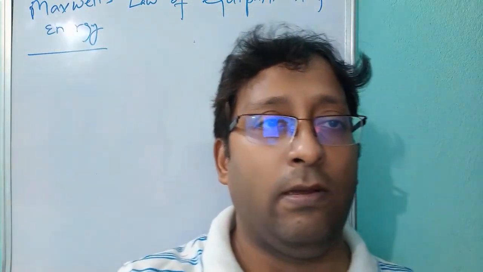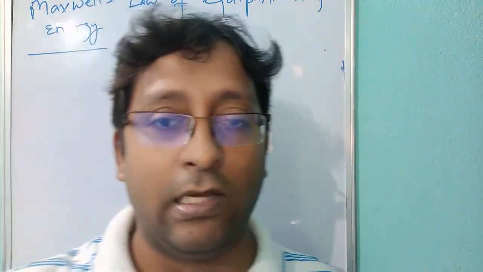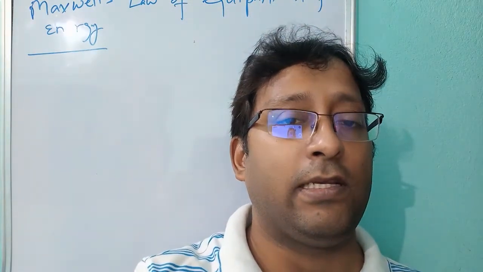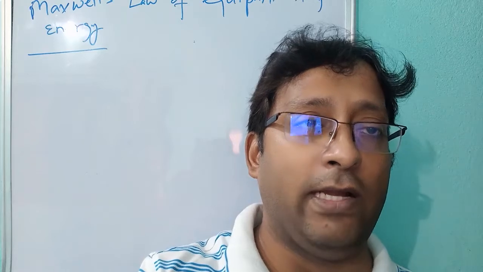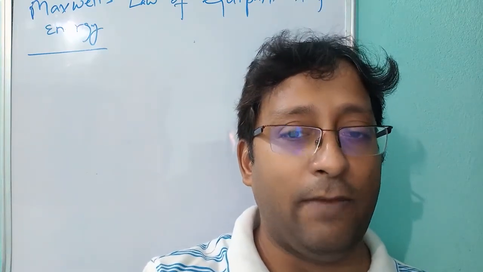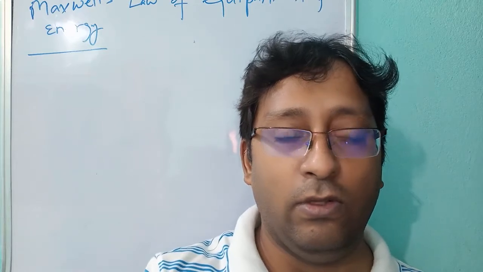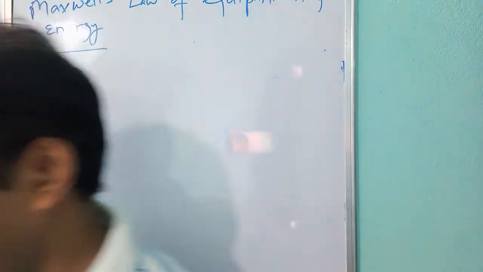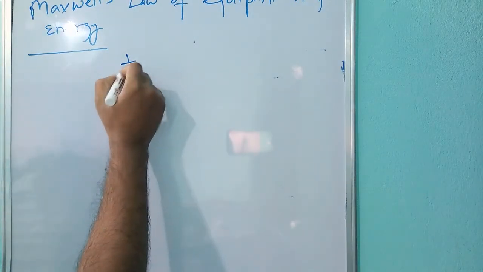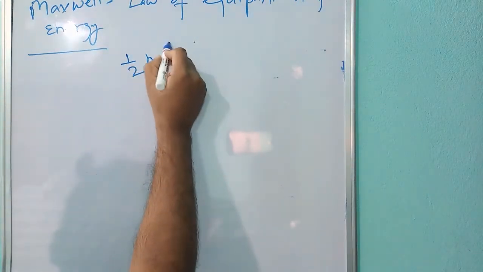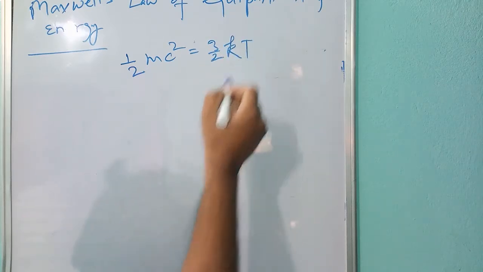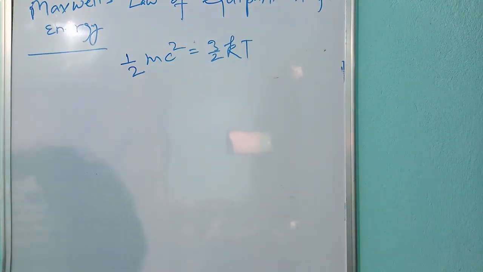I think you must recall, according to the kinetic theory of the gases, the mean kinetic energy of the gas molecule at temperature T is given by half mc square is equal to 3 by 2 kT, where symbols have their usual meaning.